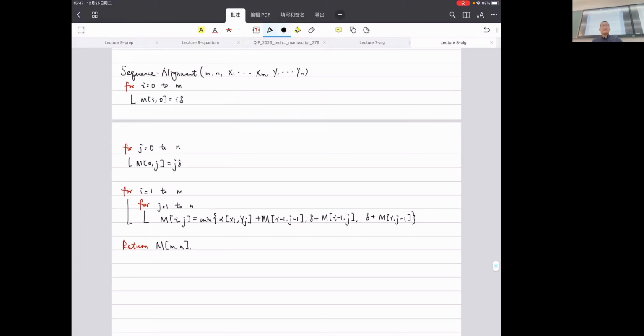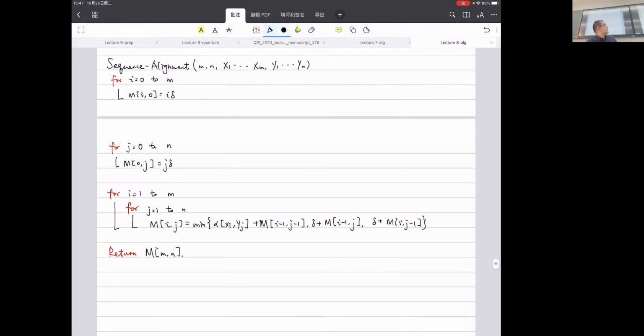Okay, so any questions of this sequence alignment algorithm? I guess this should be relatively clear, right? The structure of the algorithm is actually quite simple. We just need to carefully think about this problem and the relationship between different OPTs.